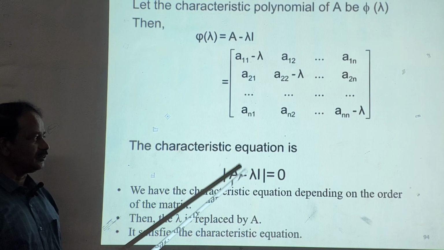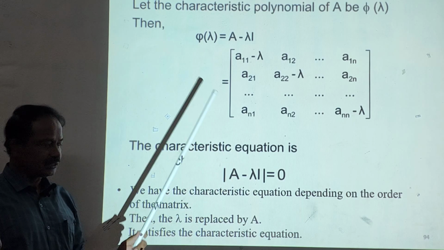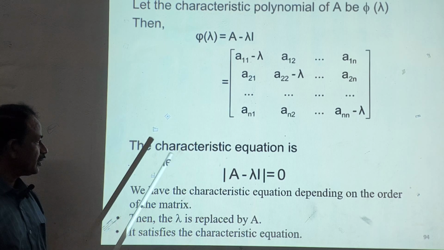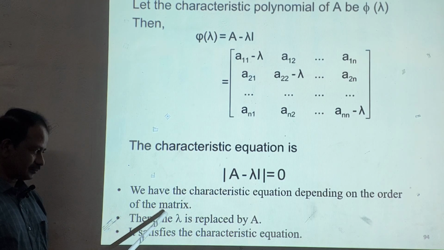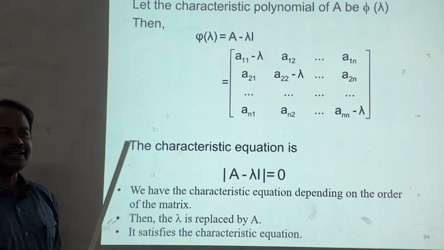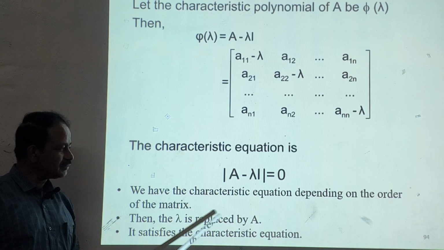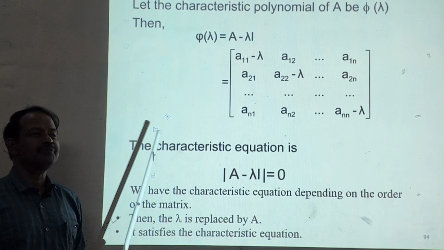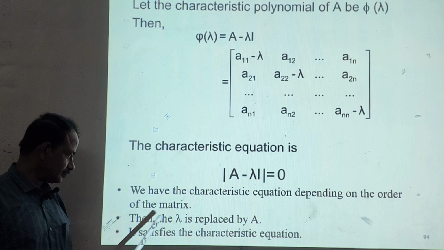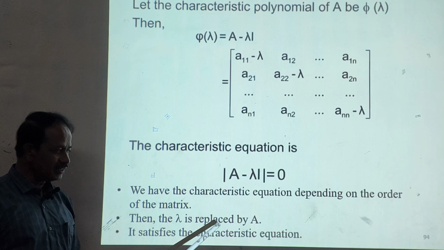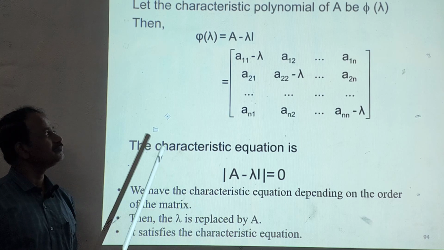So, this is the characteristic equation, the determinant of A minus lambda I equals 0. We have the characteristic equation depending on the order of the matrix. But here in Cayley-Hamilton theorem, lambda is replaced by A. Wherever you find lambda, we are going to replace lambda by A. It should satisfy this characteristic equation.